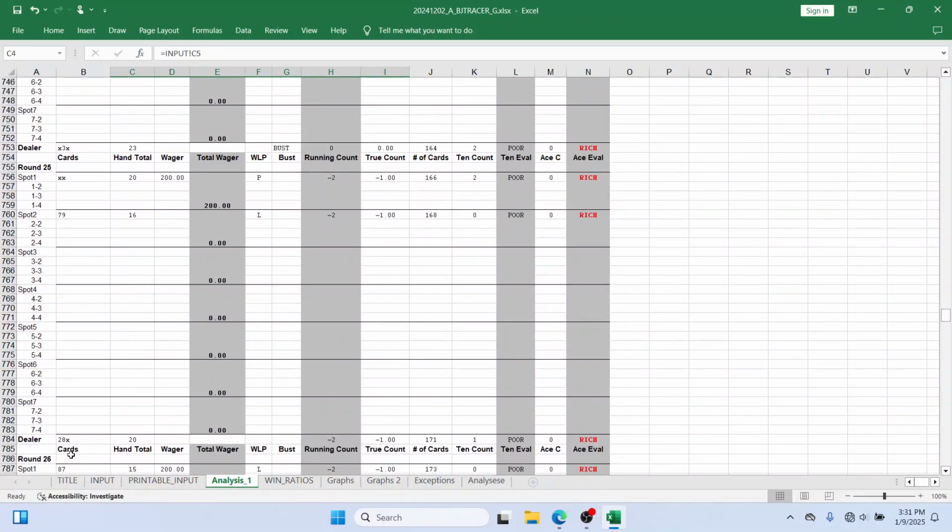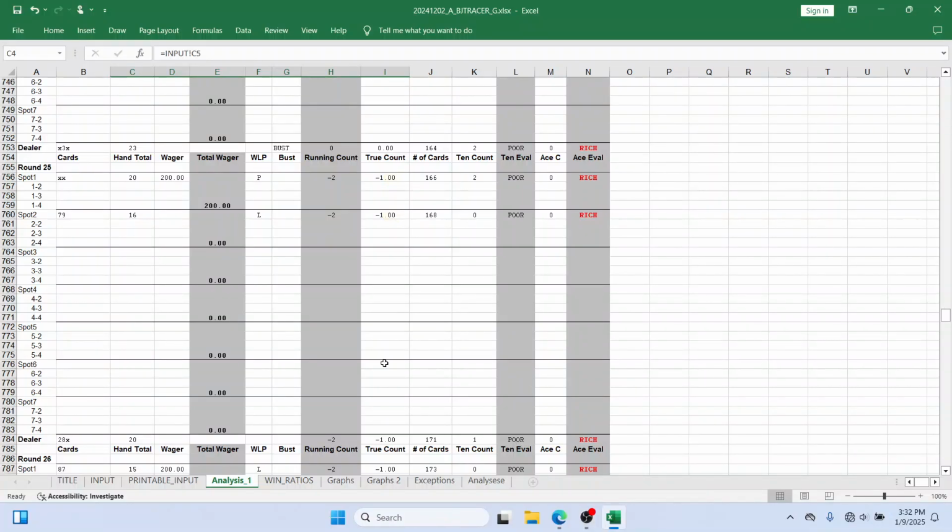Dealer here has a 2 and 8, took a hit card for a 10, has a 20. It's a push. 20 versus the spot 1 is a push, and versus 16 is a loss. Running count is now in the minus.